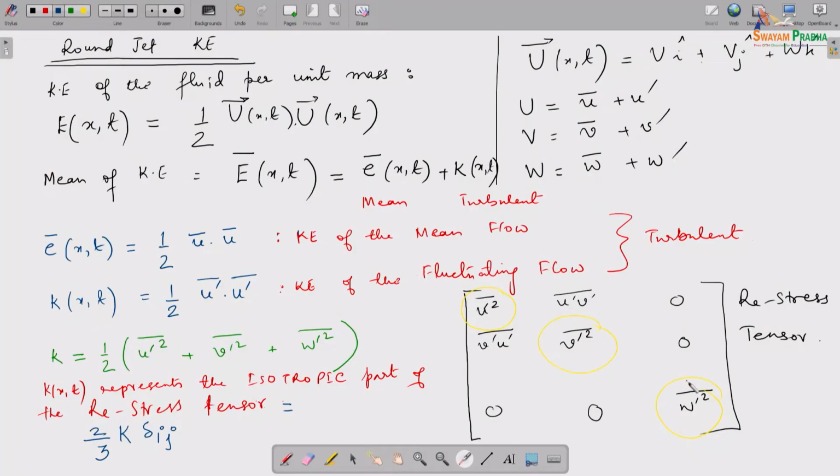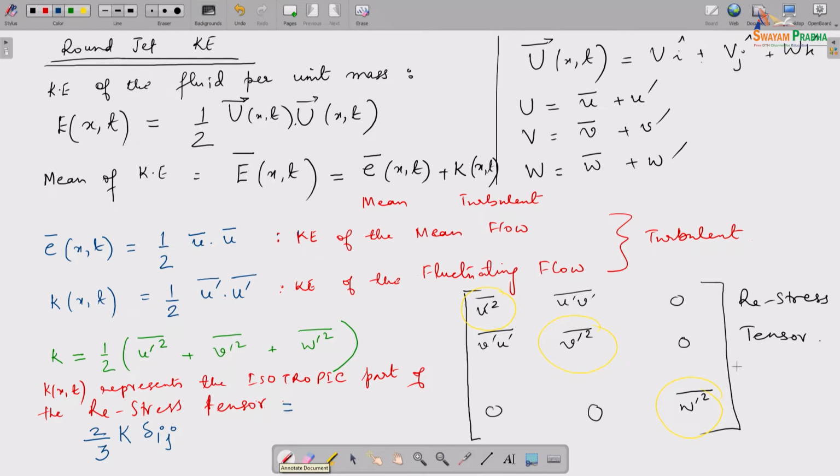Now, how much is each value of u dash square, v dash square and w dash square? Well, we're basically saying it's 1/3 of the total kinetic energy of the fluctuating part. It's just 1/3 of that, so I can write that here too.